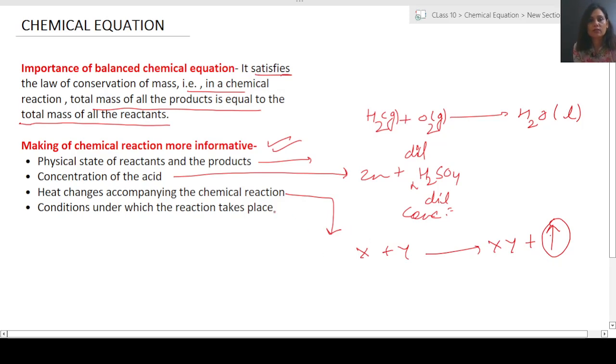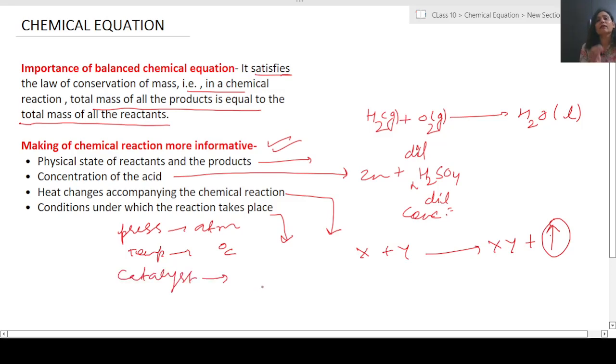Then conditions, coming to the condition point. Now the condition can be the pressure condition, which we mention in terms of atmosphere. Sometimes we mention conditions like temperature, which is mentioned in degree Celsius. Sometimes we also mention a catalyst. Now what is a catalyst?